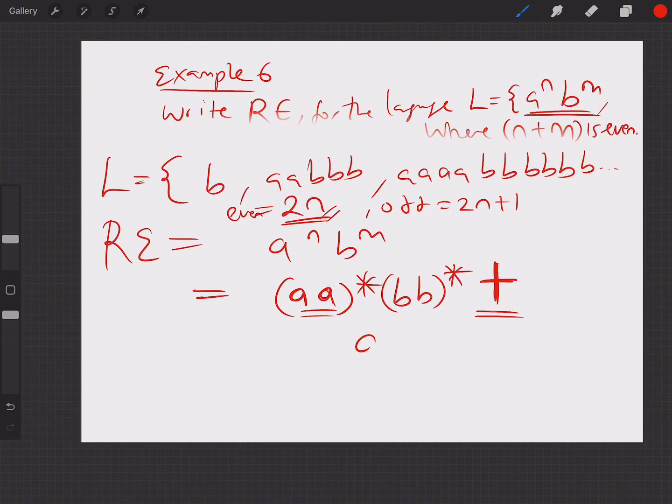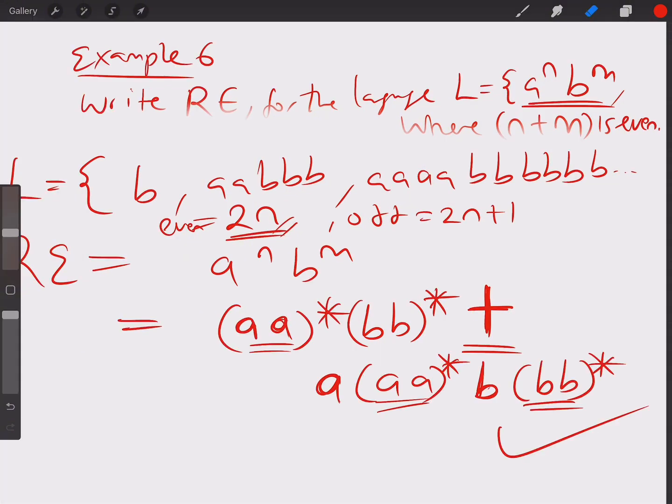So 1 plus 2 into the bracket of any variable will have an odd number. So that will give us a, then aa star, the even.